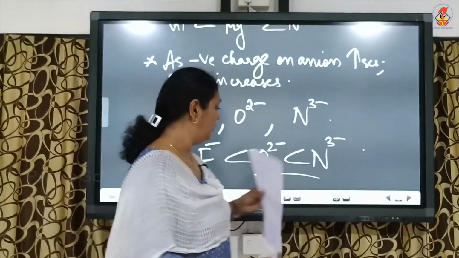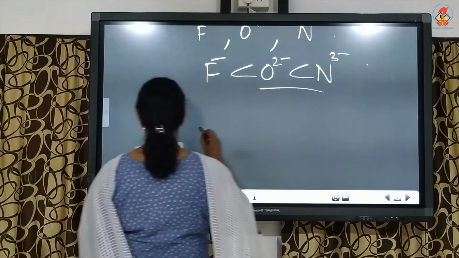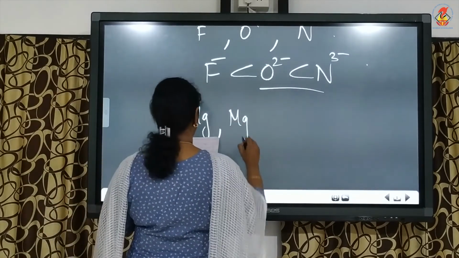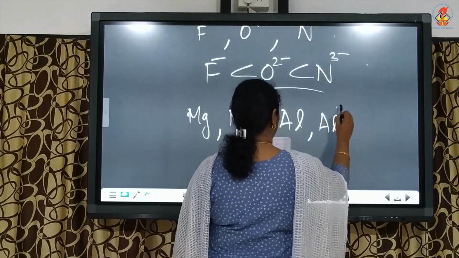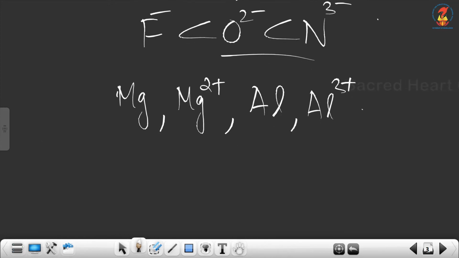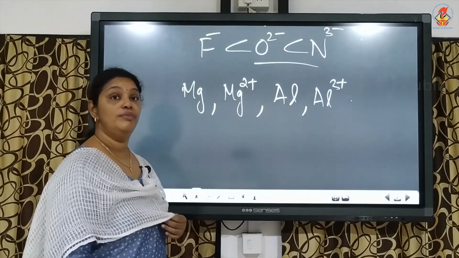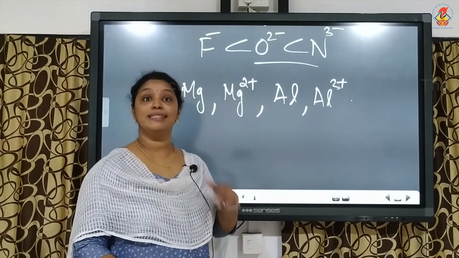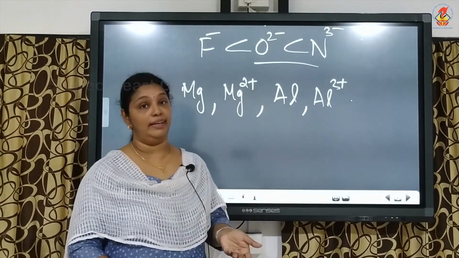Now, I'll discuss one question. Which of these species, that is Mg, Mg2 plus, Al, Al3 plus, has the largest and smallest size? Now we know that we have the parent atom and the ions given. So we know that a cation with higher charge has the smallest size, and a cation is smaller than its parent atom.